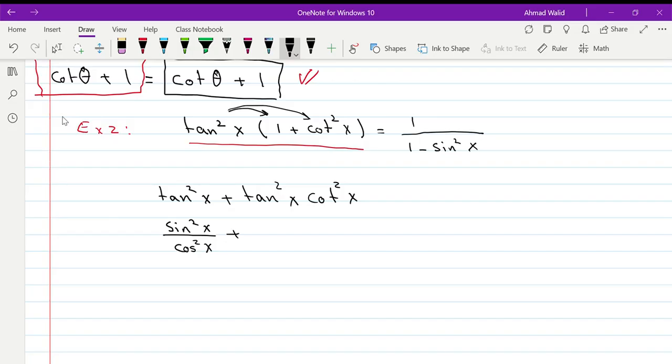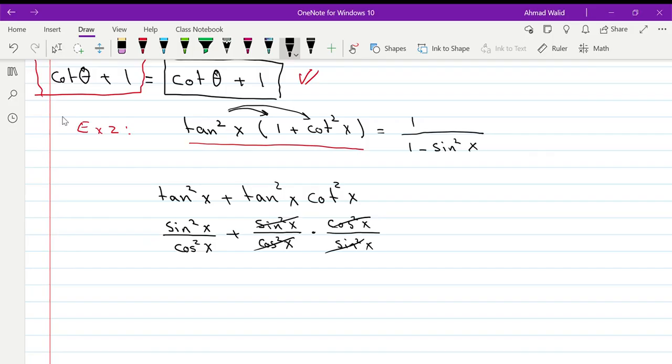Plus, again, tan squared x means sine squared x over cosine squared x, times cotangent square x means cosine square x over sine square x. Or you can go another way: cotangent is 1 over tan. Anyway, these cancel out each other in both ways.